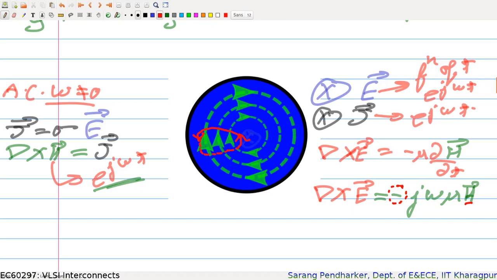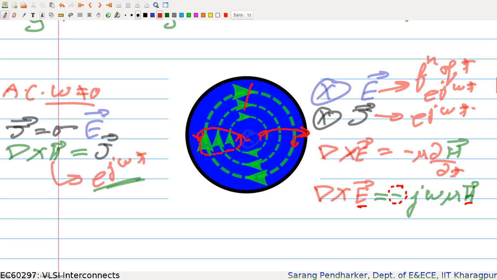If I take it for the current in this direction, my thumb will be pointing in this downward direction. My fingers would then be curling in this direction, and since there's a minus sign here, I would be getting induced electric field in this direction.